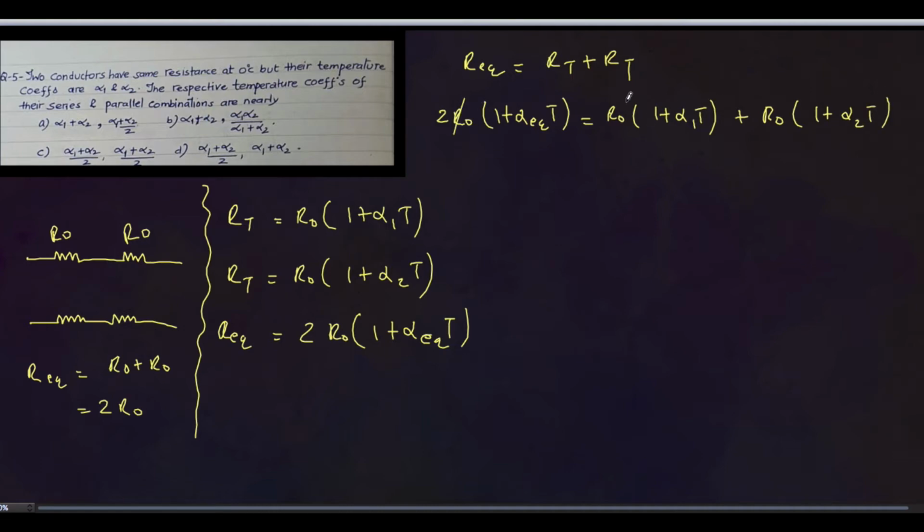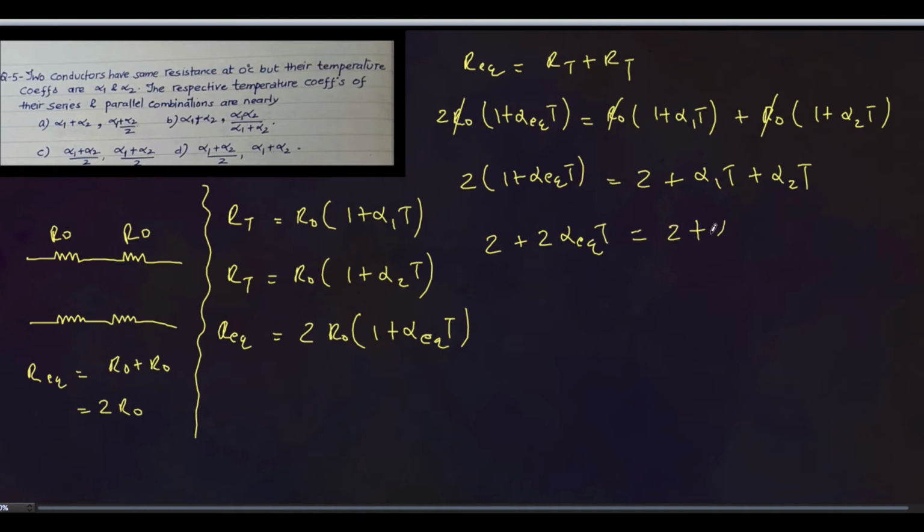This R0 is common, so I am cancelling all the R0s. Then the remaining terms: 2 into 1 plus alpha equivalent into T equals 1 plus 1, that is 2, plus alpha 1 T plus alpha 2 T. Multiplying the 2 into the bracket, it will be 2 plus 2 alpha EQ into T equal to 2 plus alpha 1 T plus alpha 2 T. The 2s cancel each other, and T is also common, so I can cancel the T also.